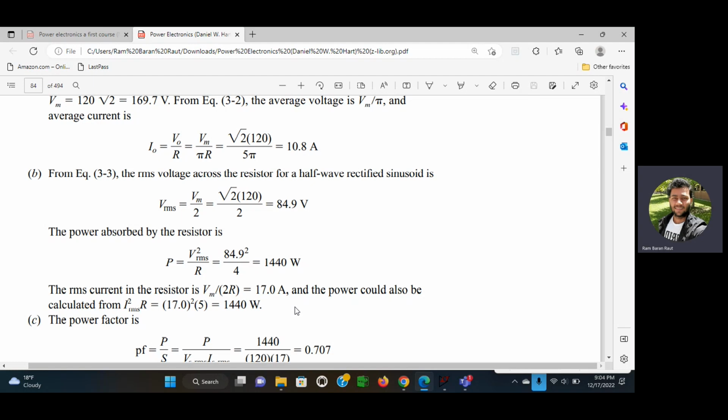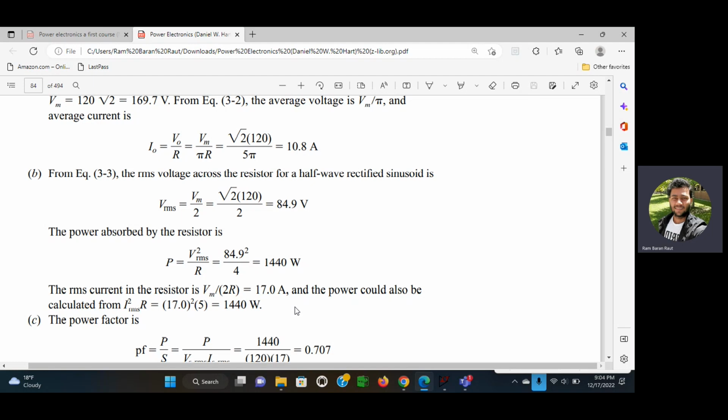Vm is 169. Here we have 168.8 divided by 2R, which is 10, which is like 17. We have like 16.88.